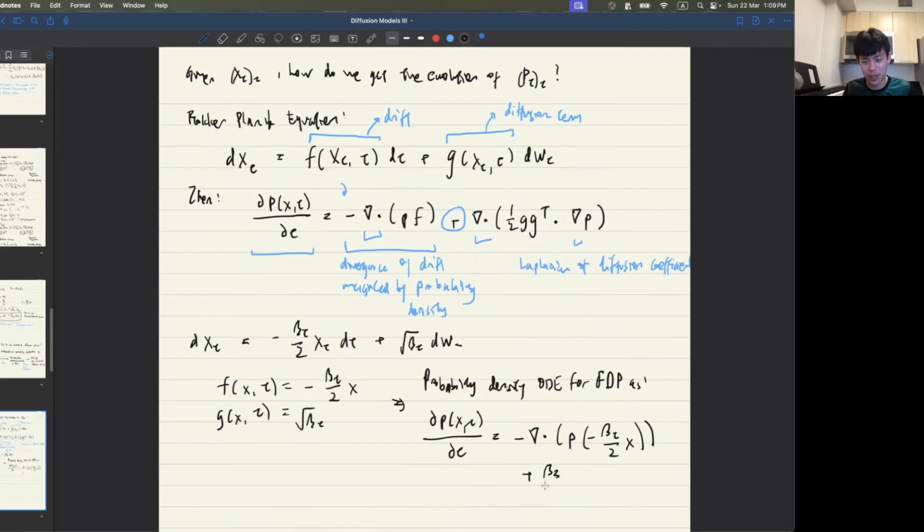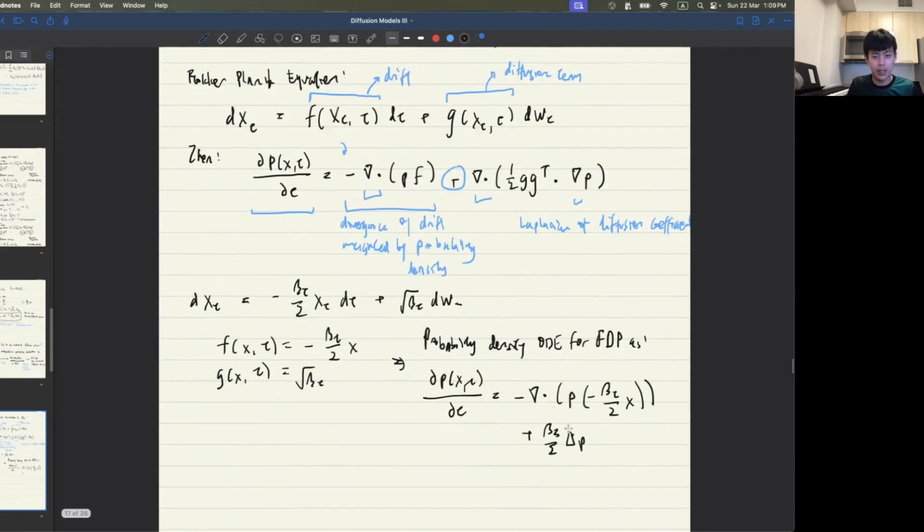It's just beta_t over 2 times the Laplacian of p. This is an important equation, so let me just box it up.